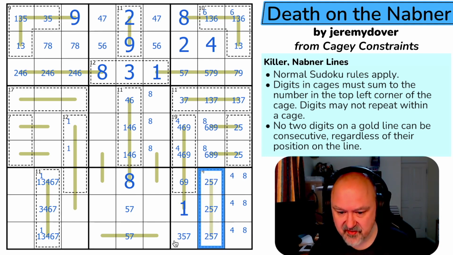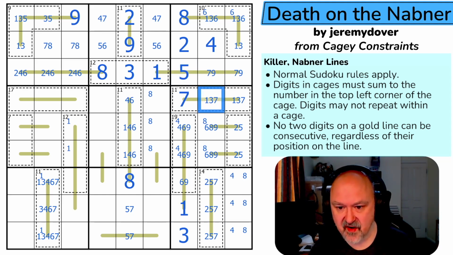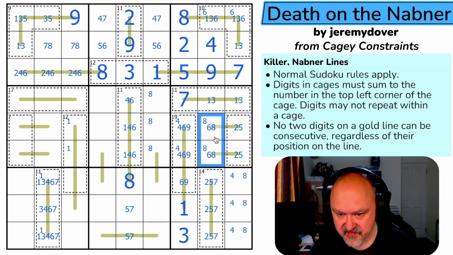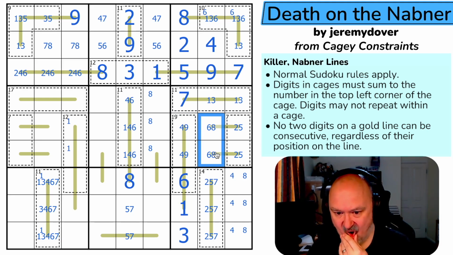This is 2, 5, 7, which means that's the 3, that's the 7, that's the 5, taking 5 out of there and 7 out of both of those. The 7 looks up making that the 9 and that the 7. The 9 takes 9 out of there. This becomes 6, 8, which takes 6 out of there and makes that a 6. This is a 4, 9. Okay.